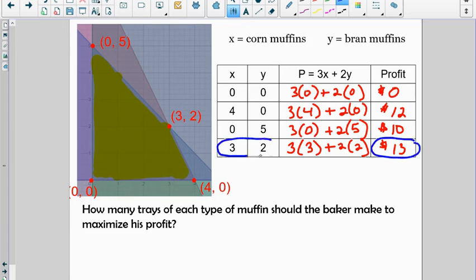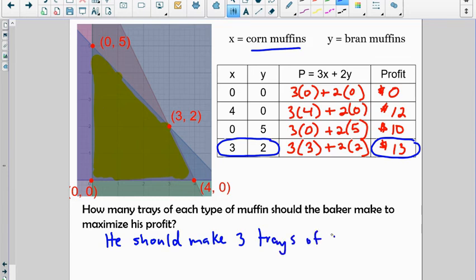And it's going to be when he makes, so he should make 3, so my x value is 3, and that was corn muffins. 3 trays of corn muffins, not 3 corn muffins, but 3 trays.